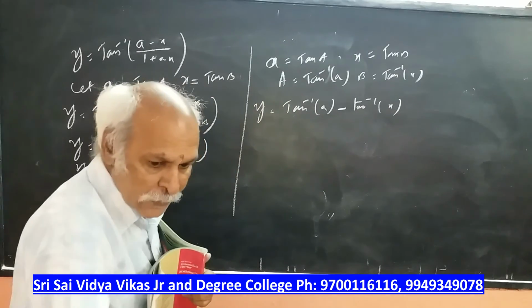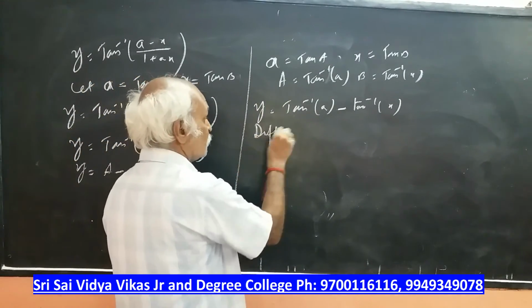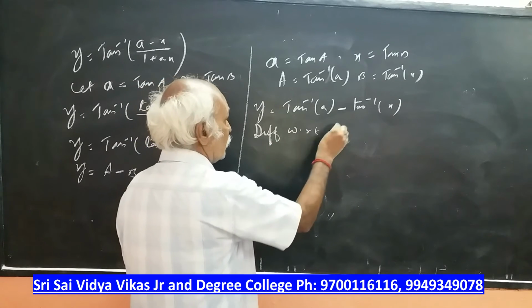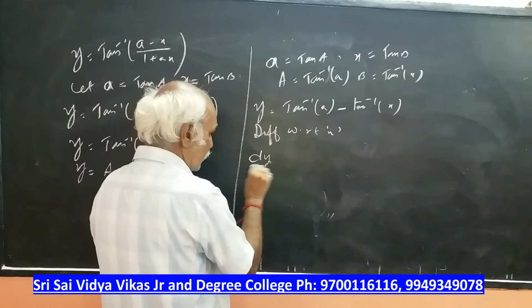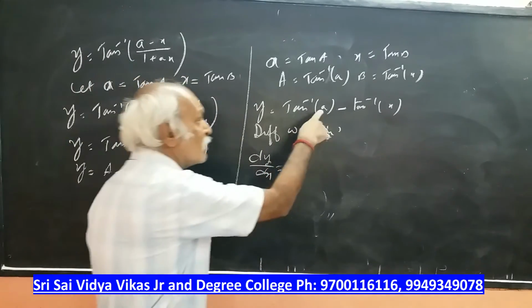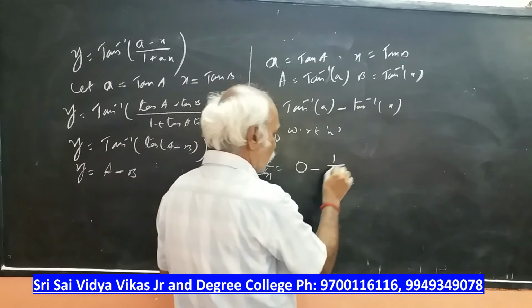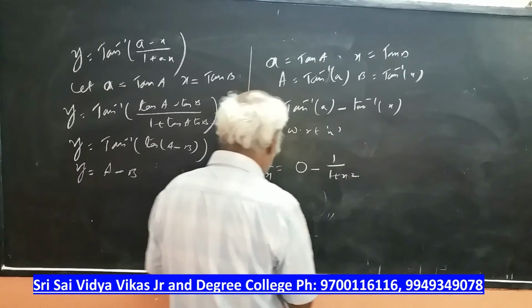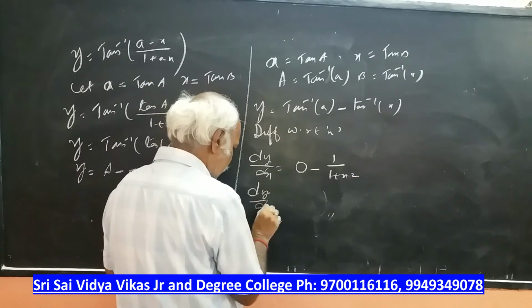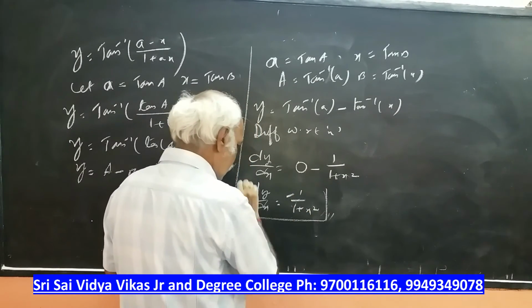Right? Now, again differentiate with respect to x. So dy by dx: tan inverse a derivative is 0, because a is a constant. Derivative of a constant is 0, minus 1 by 1 plus x square. So dy by dx is equal to minus 1 by 1 plus x square.